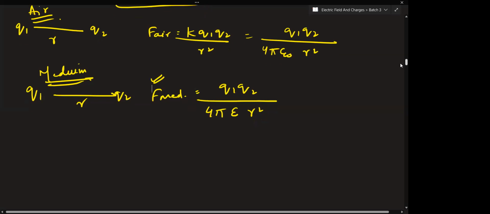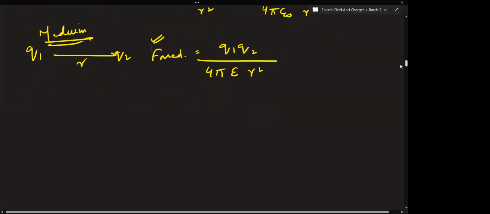So what you can do, epsilon means absolute permittivity in any other medium, divided by epsilon naught means absolute permittivity in free space or air. This is equal to K only. This K is dielectric constant.